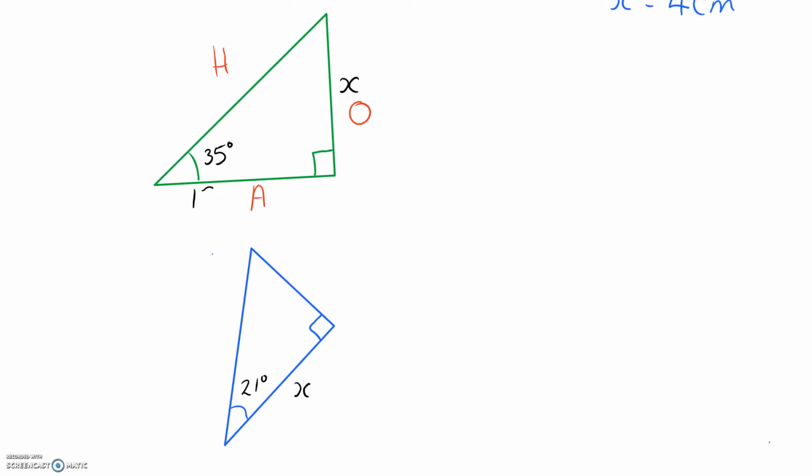We should have a 12 meters on the bottom side. If you were trying to solve that one by yourself, you probably couldn't do it because there wasn't enough information. Hopefully you worked that out. If you need to pause the video now that you can see the right question, pause the video now.